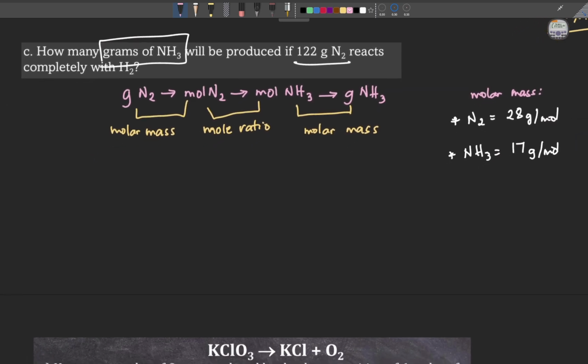Okay, let's have first the given. The given is 122 gram of N2. So we have to cancel gram of N2. So we put it in the denominator, then mole of N2 here. So that will be 1 mole, 28 grams. Okay, then cancel.